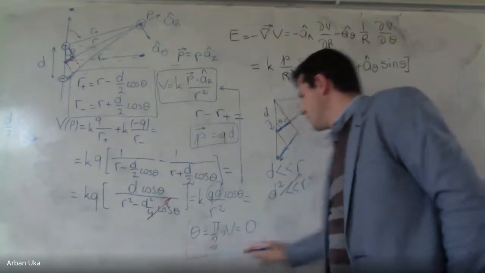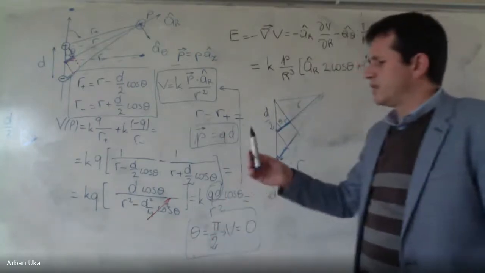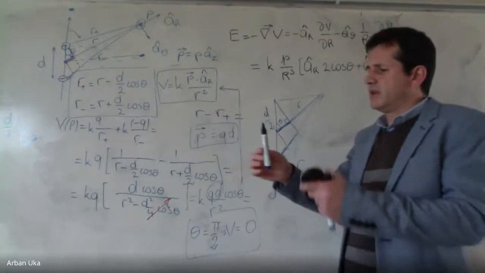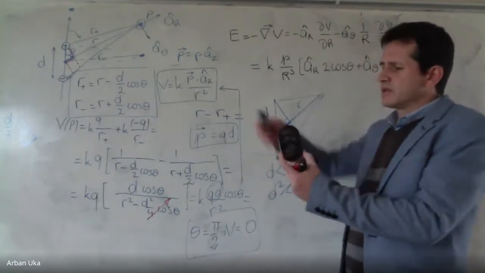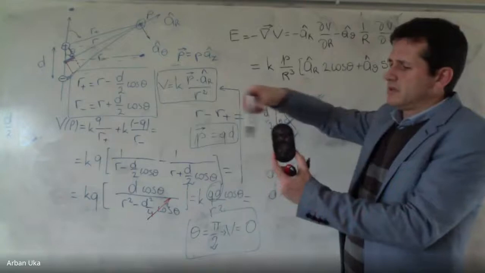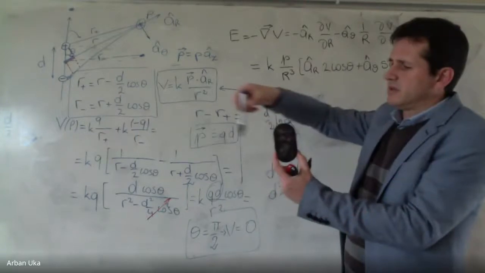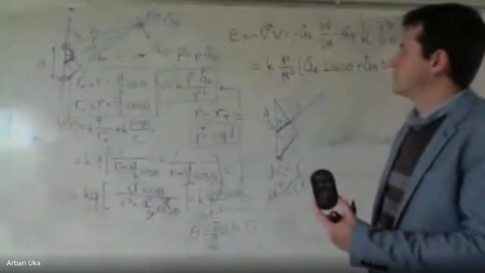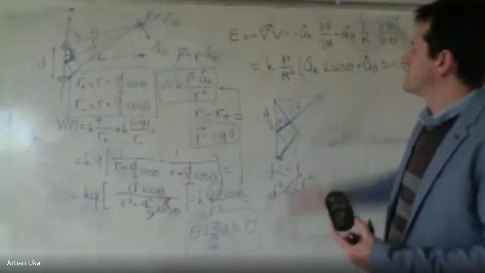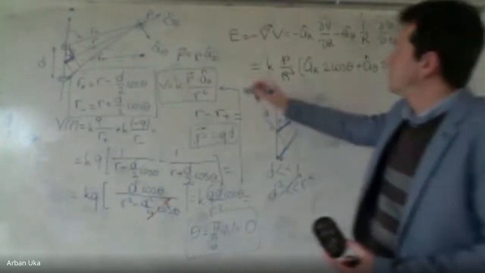So if we have a dipole which looks like a pen, anywhere at an angle of pi over 2, right at the center of the dipole moment, the potential will be equal to 0. So this is what we find for the potential.